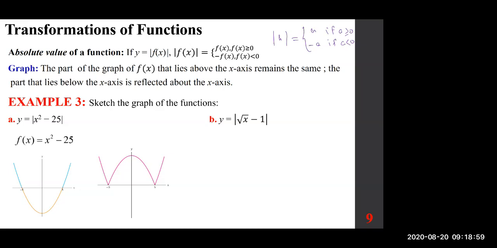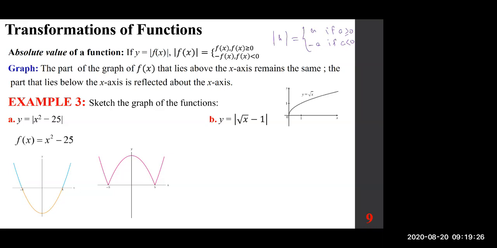So what happens to absolute value of square root of x minus 1? As always, let's start step by step, start with square root of x. So we know how the graph looks. Again, whether it's to scale or not, I personally don't care. So we're going to do step by step. So y equals square root of x is the graph. The next one, we are going to graph inside the absolute value, which is square root of x minus 1.